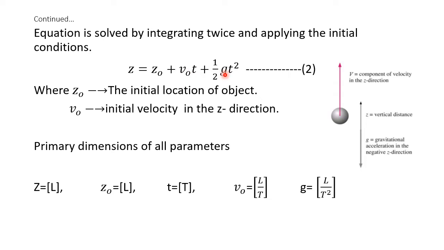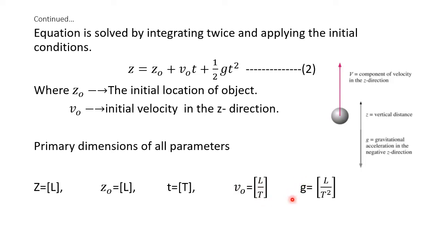Okay, so we have written the dimensions of all the 5 parameters. So z, its unit is meter and its dimension is L. Z0 is also in meters and its dimension is L, and t refers to time and its dimension is t. V0 refers to the initial velocity, unit is meters per second, so meter is length and second is time, so L by t.